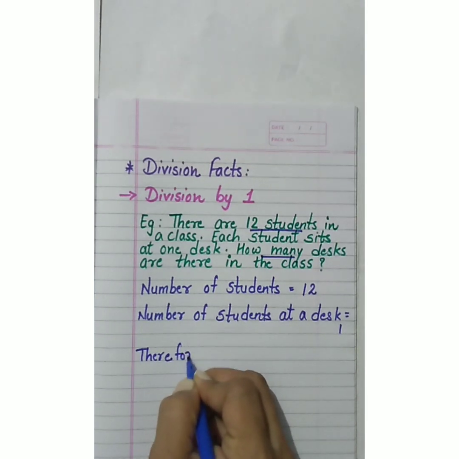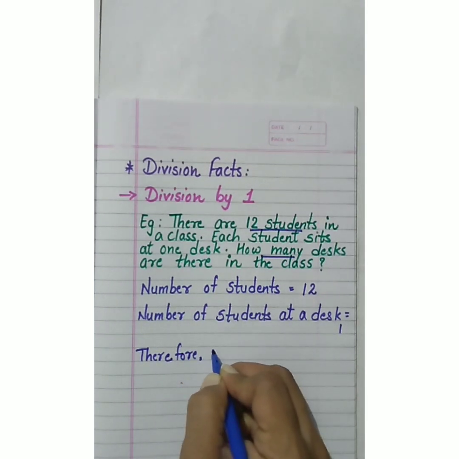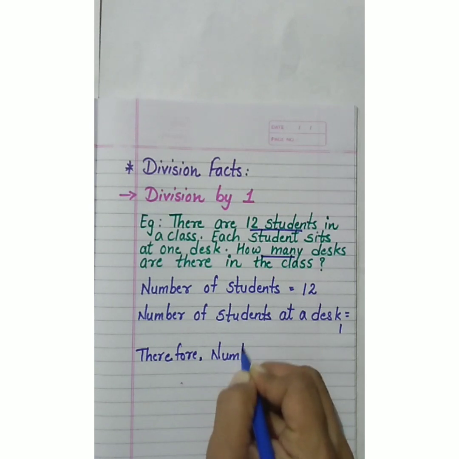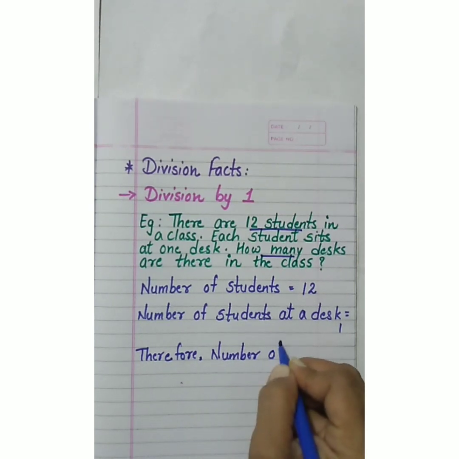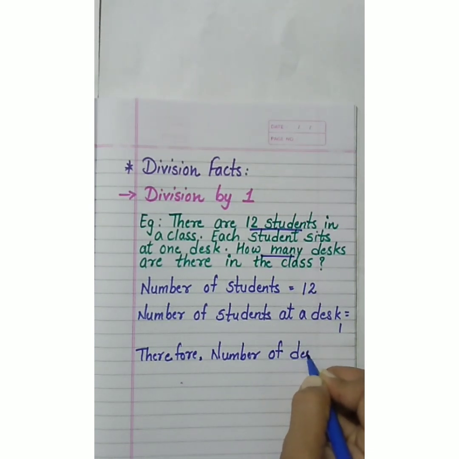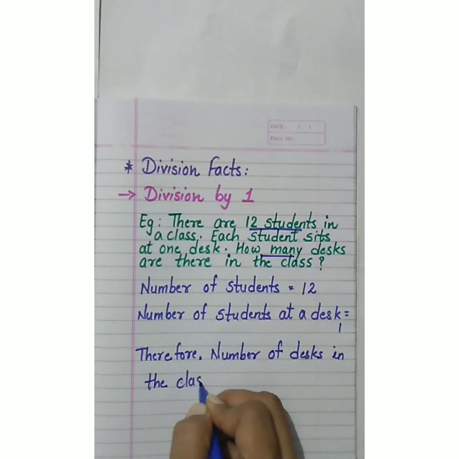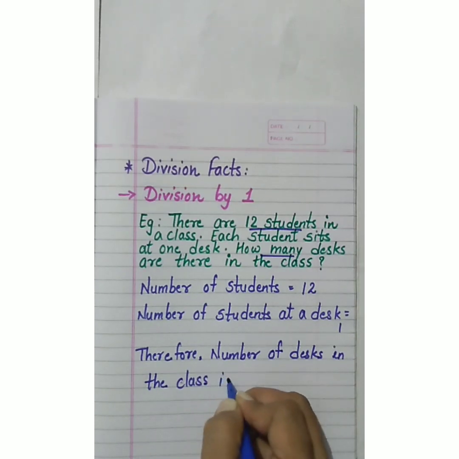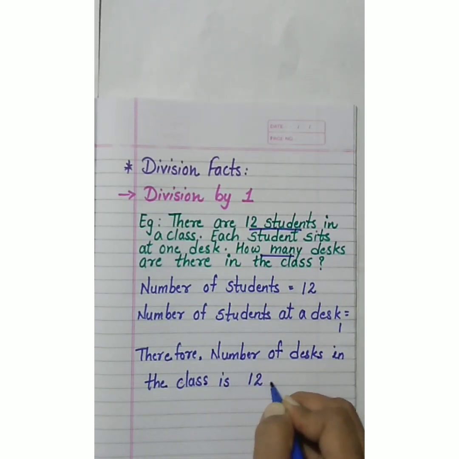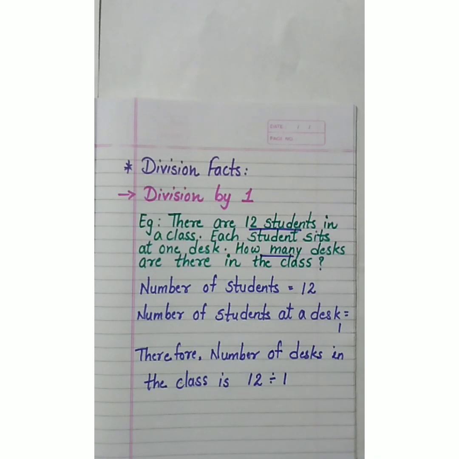Therefore, number of desks in the class is 12 divided by 1. So if we divide any number by 1, our quotient will be the same.